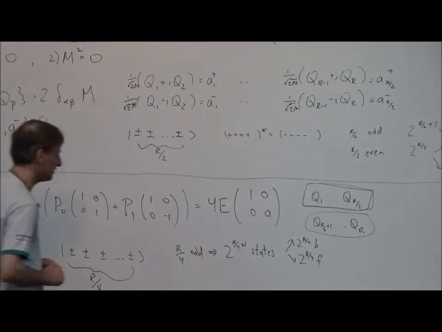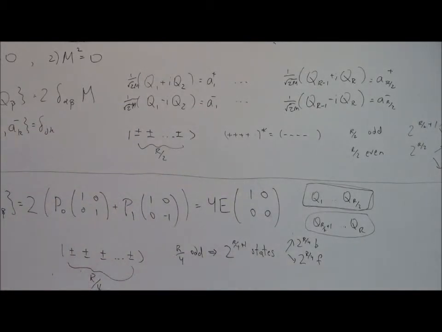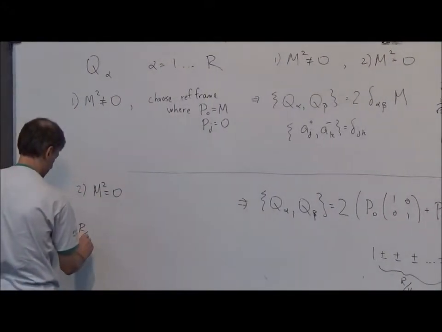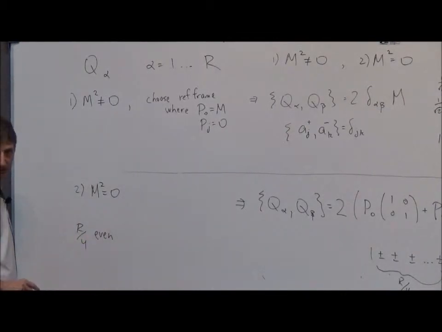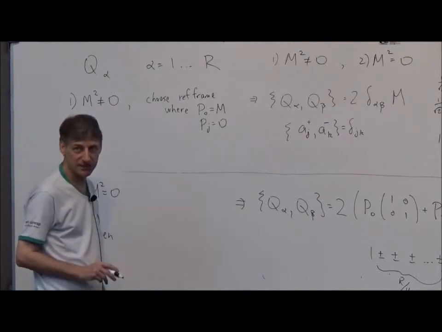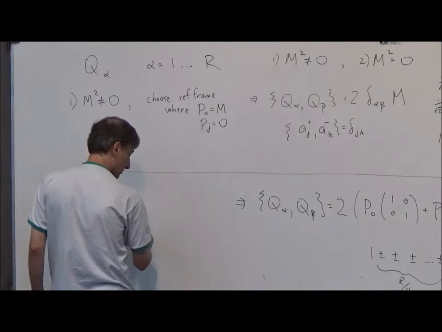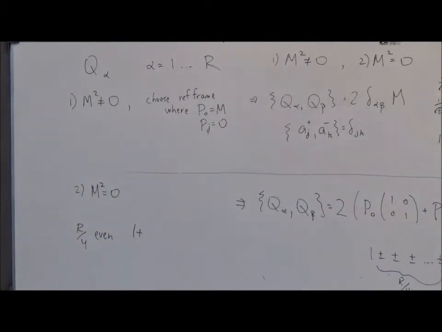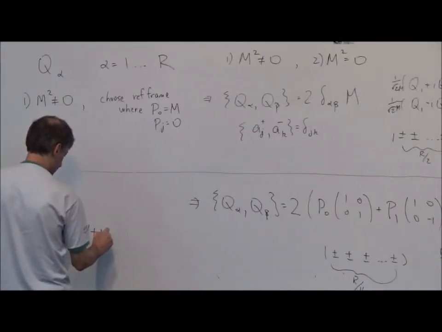Now, if R over 4 is even, there's a chance that the representation is real. So R over 4 even, it can either be real or pseudo-real. And in fact, the analysis is precisely the same as we saw for the spinors.